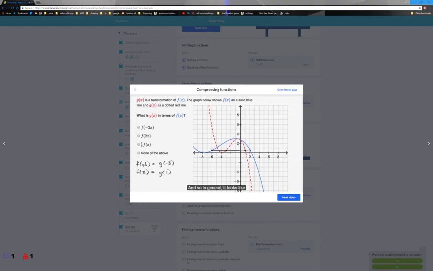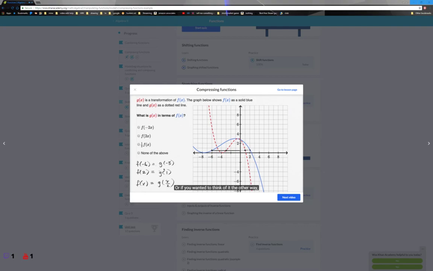And so in general, it looks like for a given x, we could say f of x is going to be equal to g of, well, whatever you have in here, it seems like we have half the value over here. So g of x over 2.